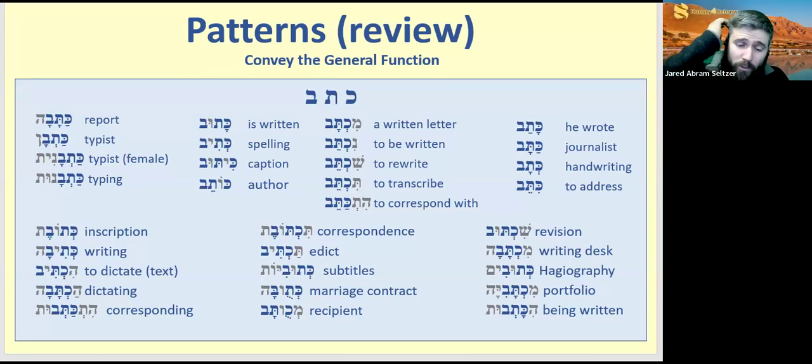Now, how many roots are there? How many patterns are there? Biblically speaking, maybe there are about 200 roots and about 200 patterns. That's a lot. I mean, what's 200 times 200? That's going to be what, 40,000 combinations between all the roots and all of the patterns.